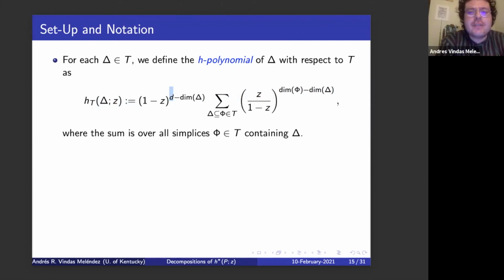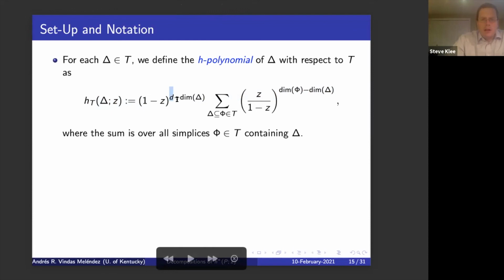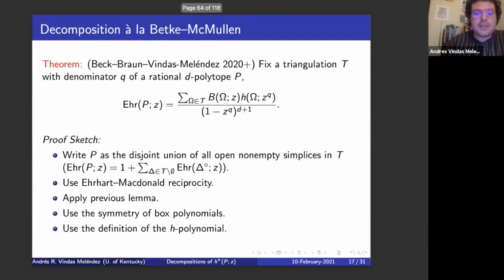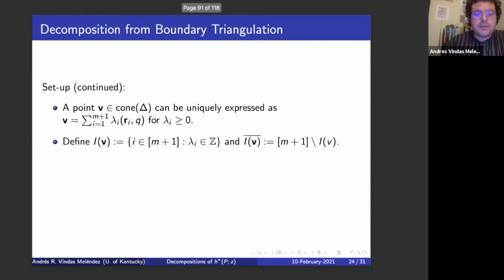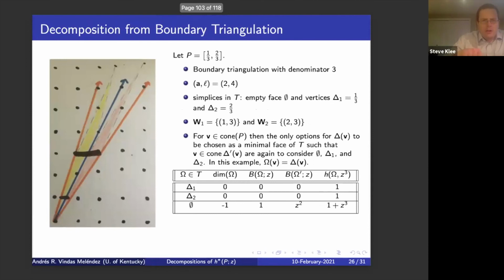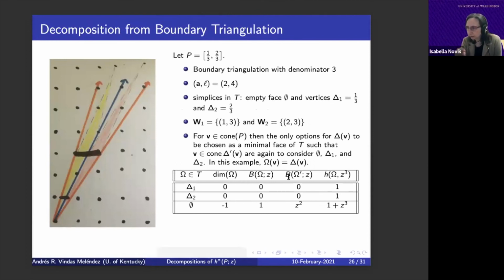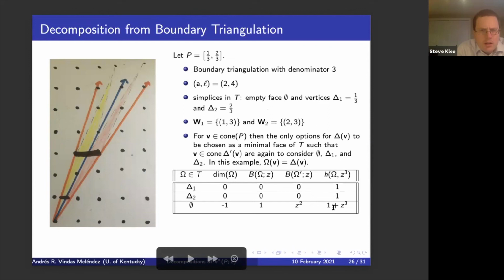Wasn't the jumping coming from the fact that the denominator was 2, and so everything was in terms of z squared in the example that I showed? Or am I misunderstanding your question, Bella? Yeah, in the last column, the last bottom entry is 1 plus z cubed, right? And that's kind of mysterious.